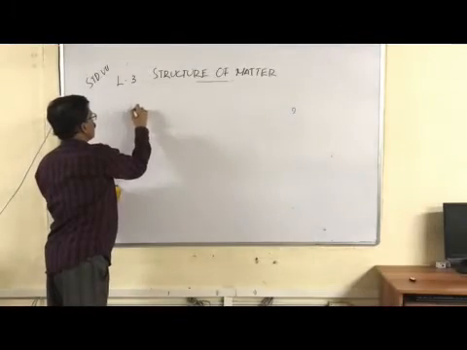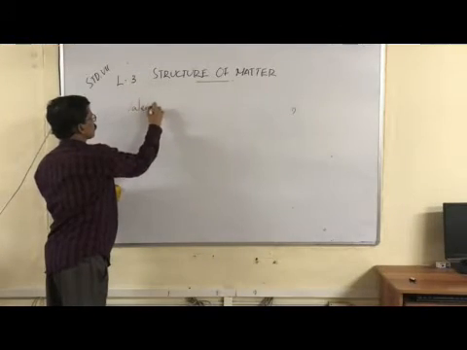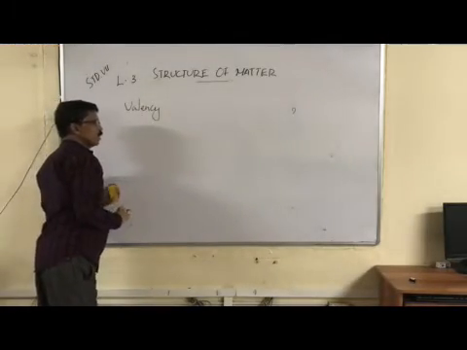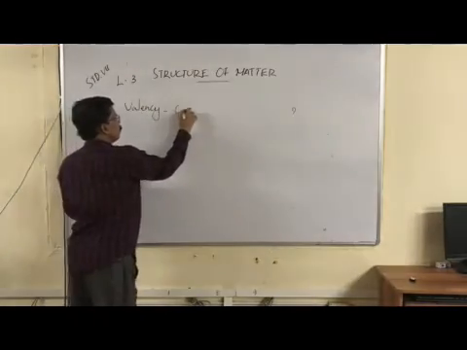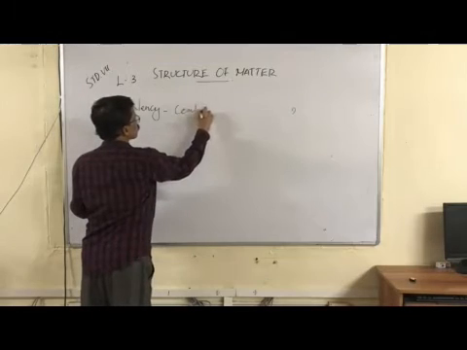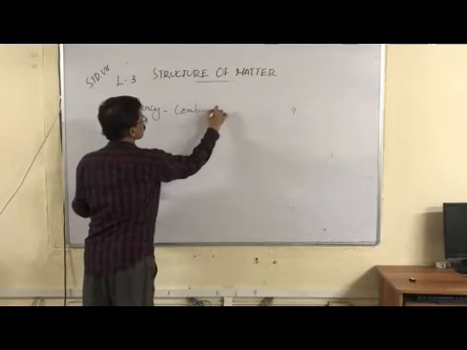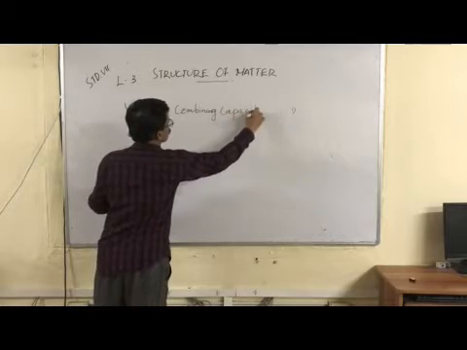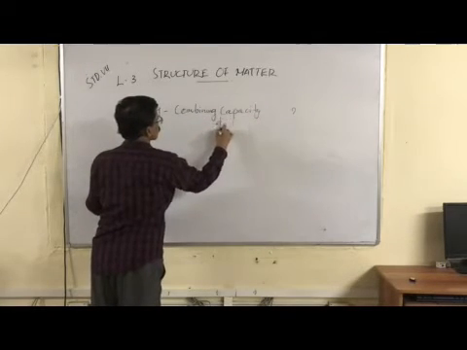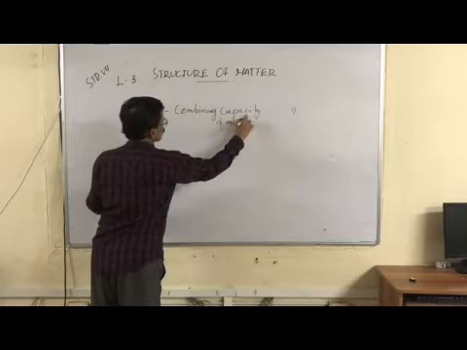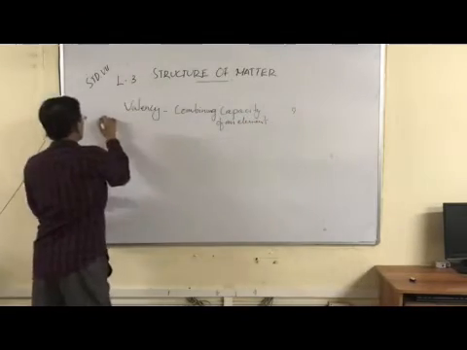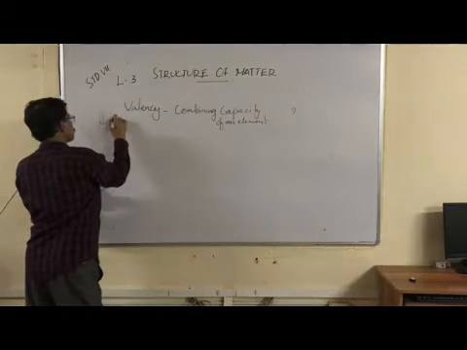Now we are coming to valency. What is valency? Valency is the combining capacity of an element. The valency of hydrogen is 1.